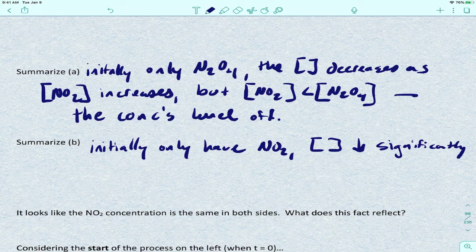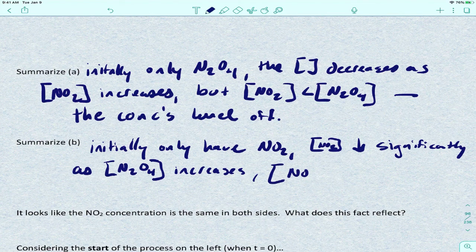So the concentration of NO2 decreases significantly as the concentration of N2O4 increases. And so what we see is that the concentration of NO2 is going to be less than the concentration of N2O4 as they level off.